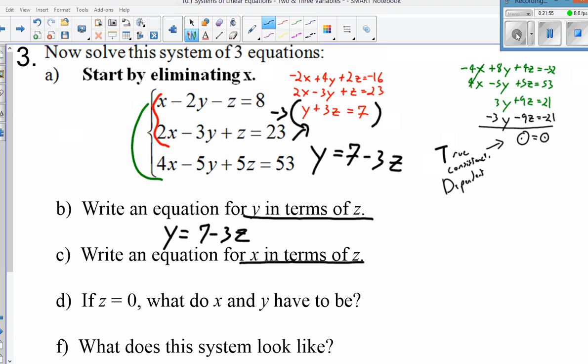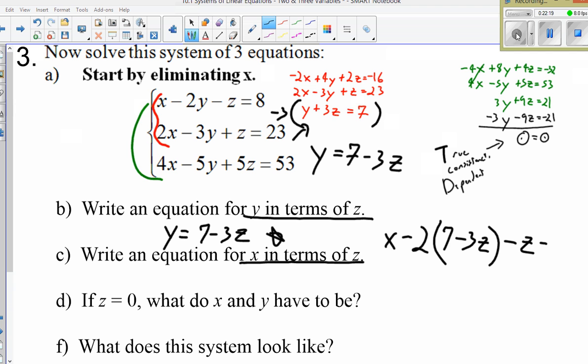So I look at my first equation. I can use any one, but the first one seems nicest, and I can do x minus 2. Well, I don't want to write a y. I want it in terms of z. Well, luckily in my previous problem, I know what y is in terms of z. So it's equal to 7 minus 3z. And then I do a minus z.